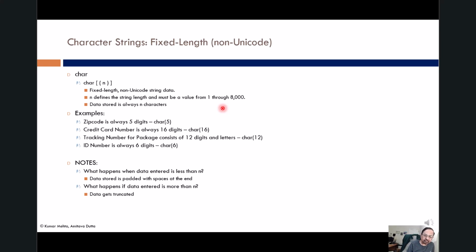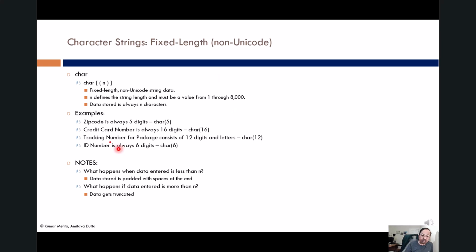First, you have a data type called char, character. Here char means a fixed length of characters. n defines the length of the string and it must have a value between 1 and 8,000. So if you specify an attribute as having the data type char with a certain number of digits, then you're saying that this attribute will be that many characters long.